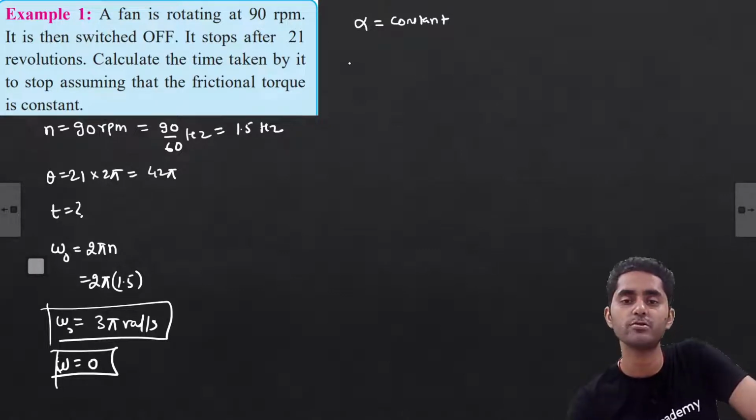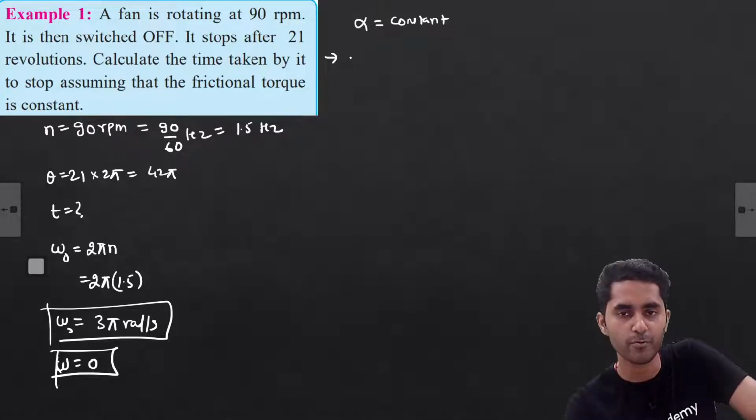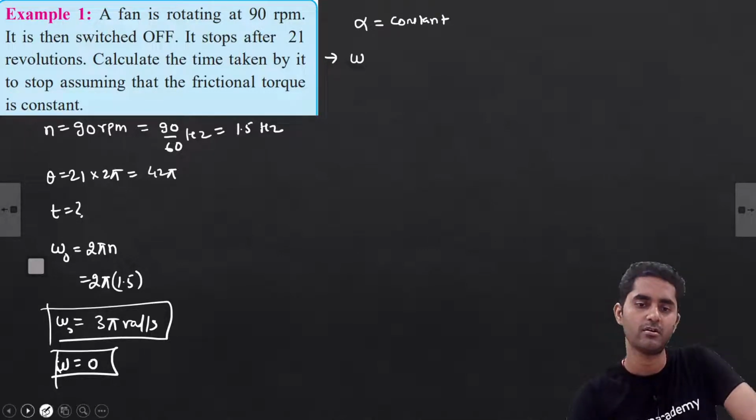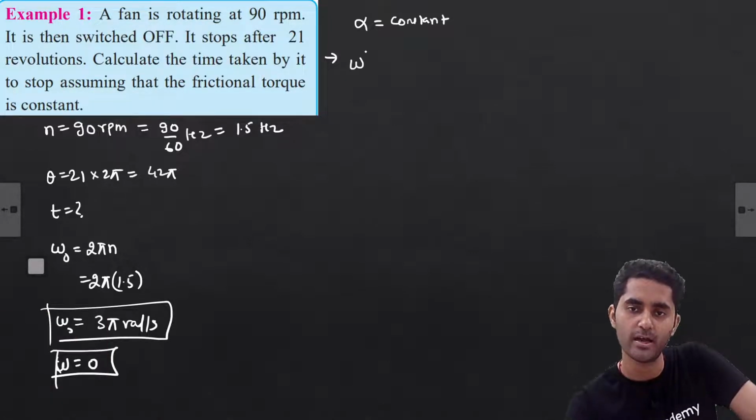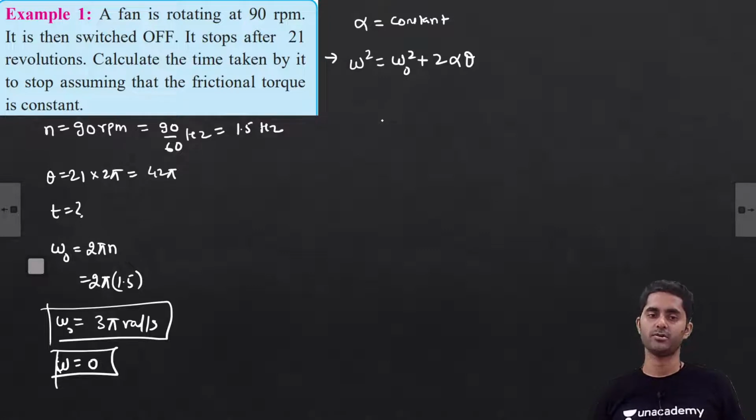Now use the first equation. What is the first equation? V is equal to u plus at, or sorry, don't use the first equation, use the third equation. What is the third equation? Omega square is equal to omega naught square plus 2 alpha theta. Just use the equation.